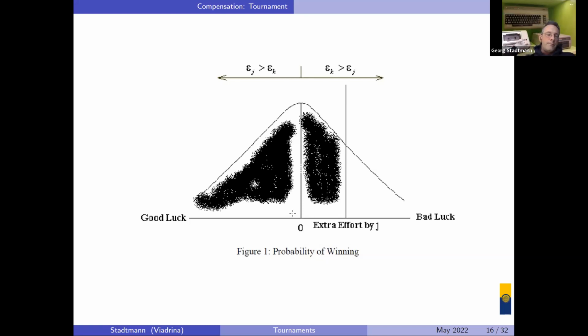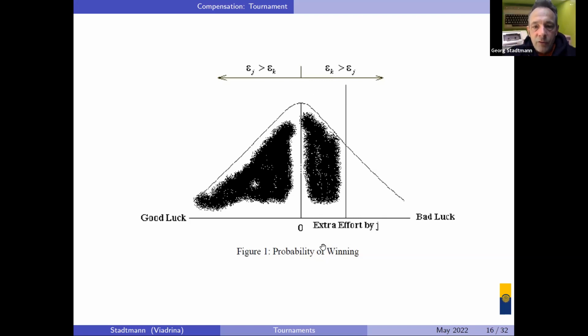And let's make another point by looking at this figure. What if we let this step to the right, this extra effort level by J, converge to 0? How much probability does agent J add in case that he goes this very small step to the right?